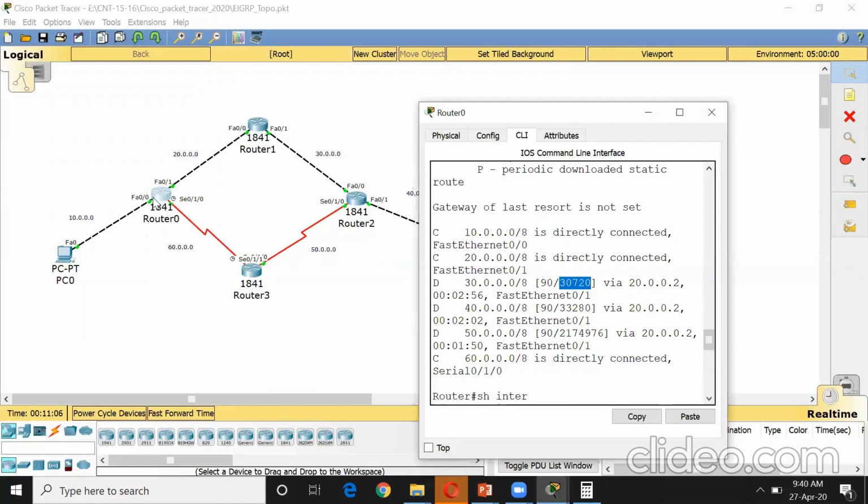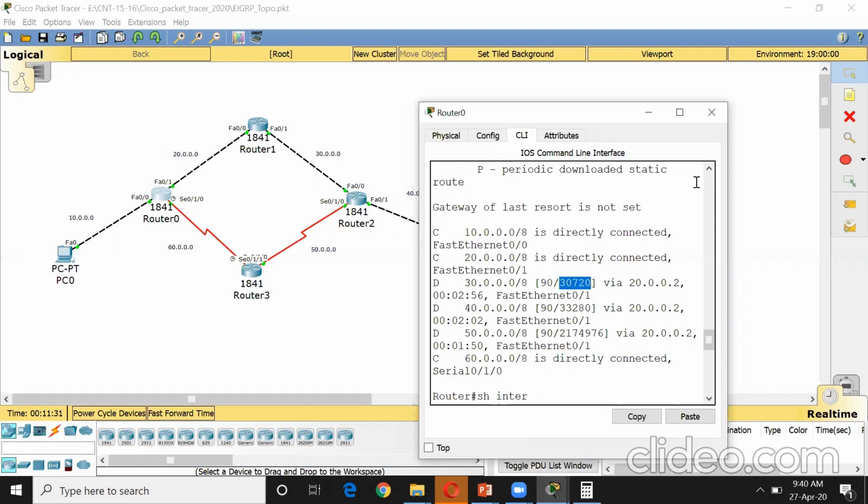That is, from this router, router 0, via 20 means router 0, router 1, router 2, and then router 3 to reach towards this network 50. So what is the bandwidth? 100 Mbps for FastEthernet. Then the same here for FastEthernet, 100 Mbps. And here it is 1544 kbps, right? Because it's a serial interface.